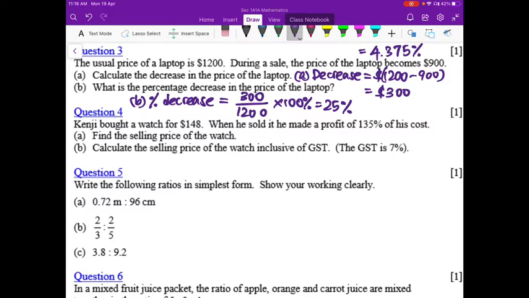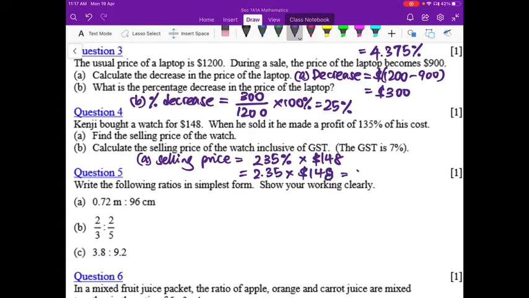So the selling price, part A, selling price equals 235% times your original of 148. So you can press calculator 2.35 times 148.